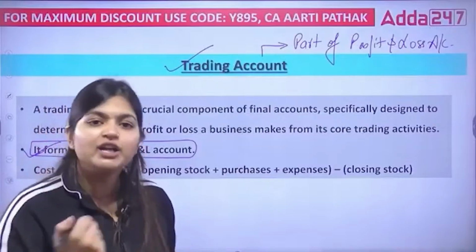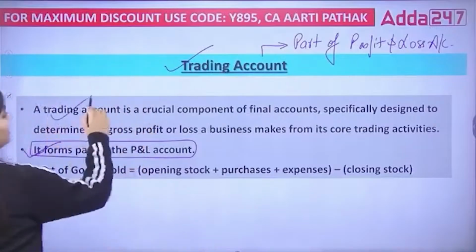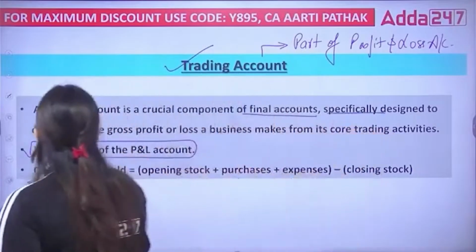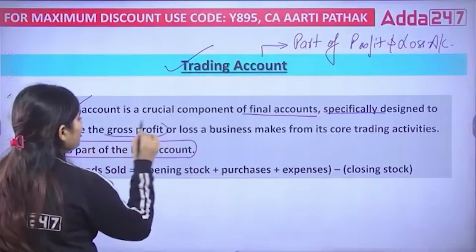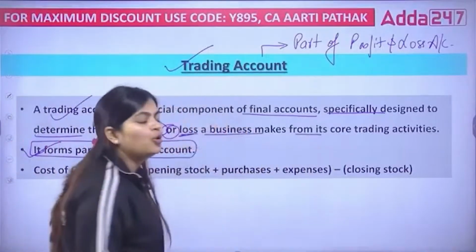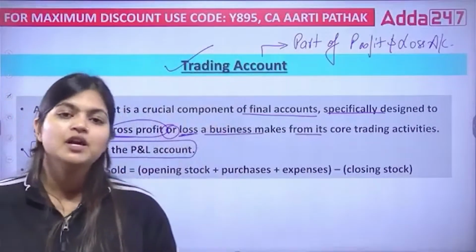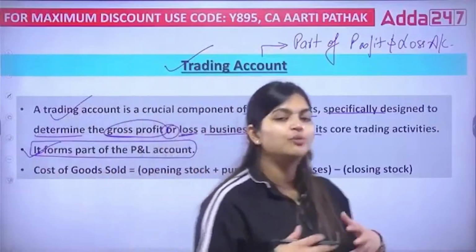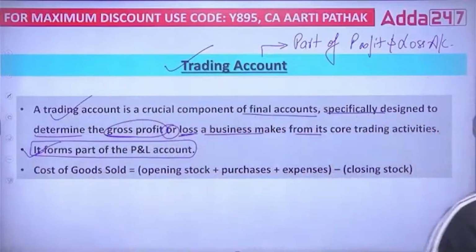But what we are doing here: this trading account is a crucial component of final accounts, specifically designed to determine the gross profit or loss a business makes from its core trading activities. So from your core working, whatever loss or profit you are generating, for that you need to prepare a trading account.